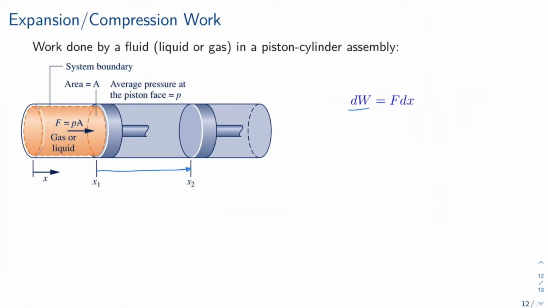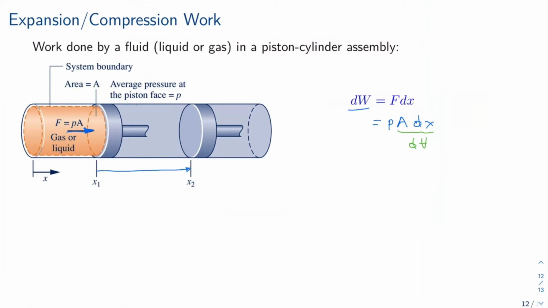Again, we are going to find out the work by steps. So the differential of work is equal to the force that the pressure applies over the piston multiplied by dx. But we know that the force is equal to the pressure multiplied by the area, and then multiplied by dx. Now, area times dx is equal to the differential of volume, right?